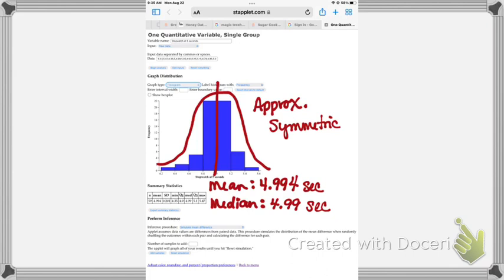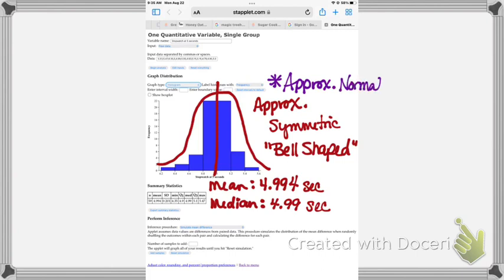This guy right here, when we say he's approximately symmetric and it is bell-shaped, we say that this is approximately normal.